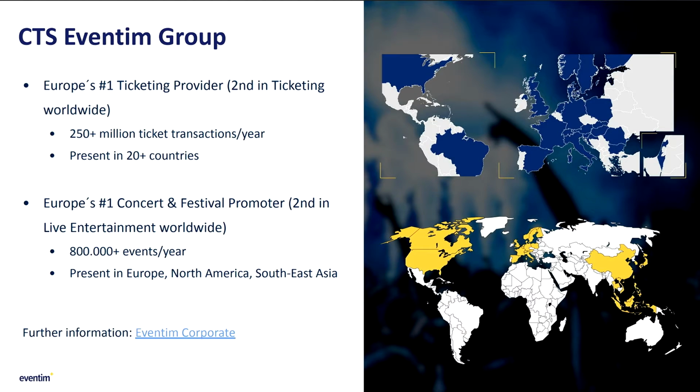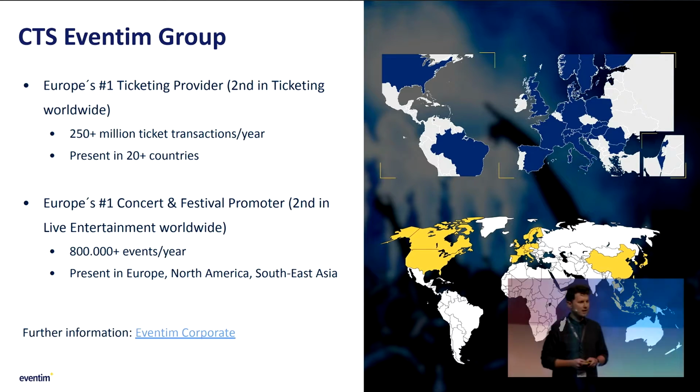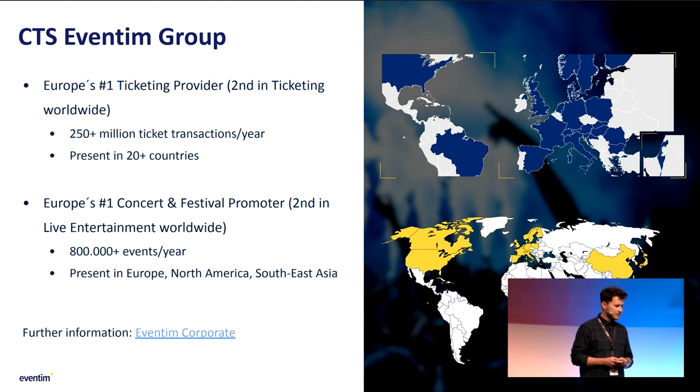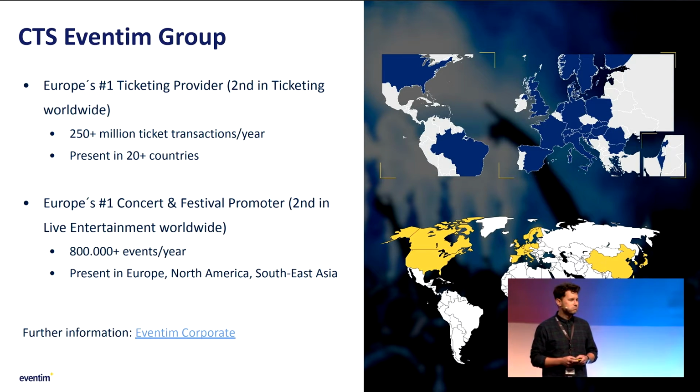So what is CTS Eventim Group? CTS Eventim Group is basically doing business in two big areas, which are ticketing and live entertainment. CTS Eventim is Europe's main destination for ticketing. If you have bought a ticket sometime in Europe, you probably would have bought it via a computer ticket system.